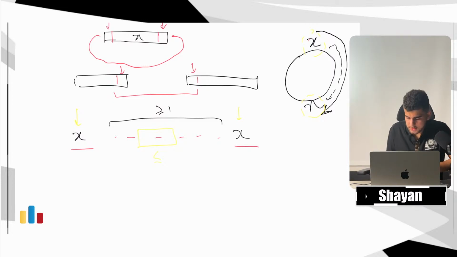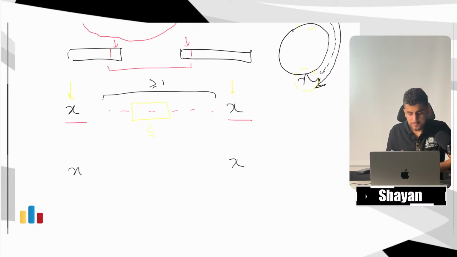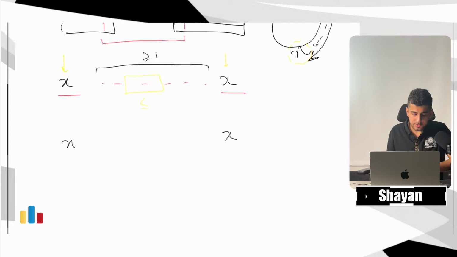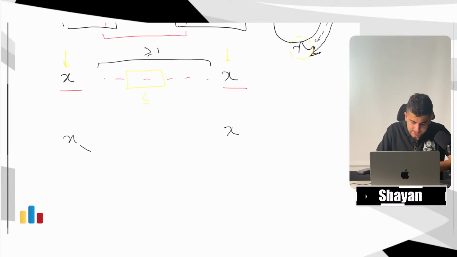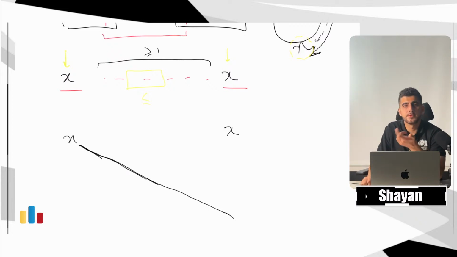How do I say this? It's just enough to say that, well, my first element is x and my last element is also x. If I consider the values of the numbers, I cannot do an operation when the next element is less than the previous element. So I should have a strictly decreasing array in here if I can never find two elements such that the first element is less than or equal to the next element.